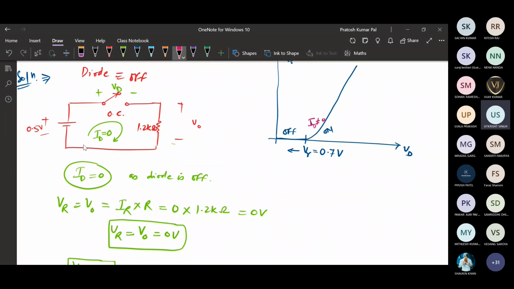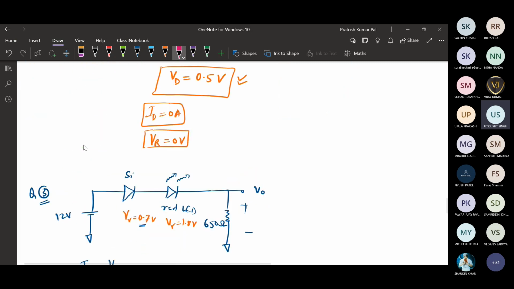But if it is applied with some positive voltage but it is in off mode, in that case the current flowing is 0. So even if we have applied a positive voltage, it will be considered to be off mode. In case of on mode, the current flowing through it should be non-zero.